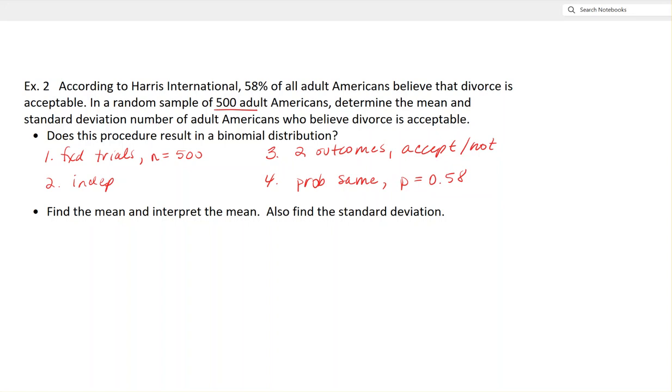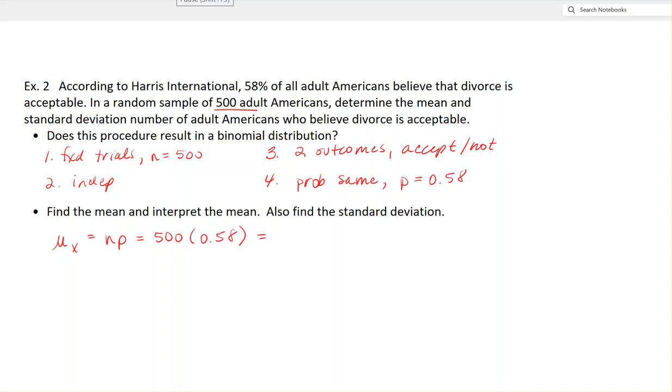in order to apply them in my formulas. So this next bullet here says go ahead and find the mean and interpret it, as well as finding the standard deviation. So to find the mean, mu sub x, right? So the mean of my variable x, which is the number of Americans who believe divorce is acceptable, can be found by multiplying my sample size times p, or 500 times 0.58.